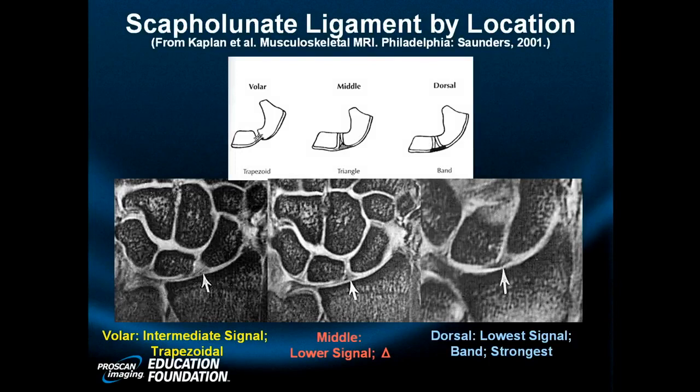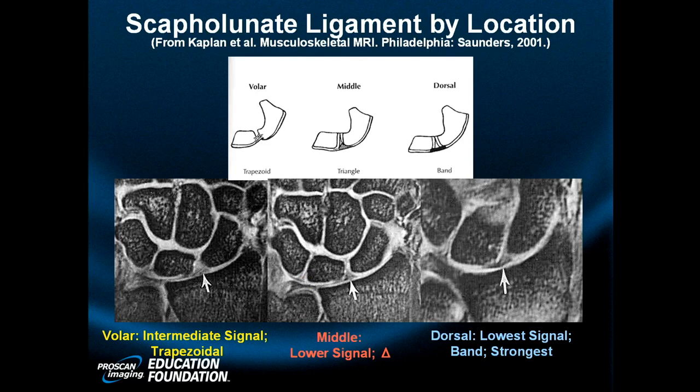I heavily rely on the indirect signs of instability to diagnose partial tears. Stretching, membranous perforations. So if I see a pristine, smooth joint and some signal in the SL ligament, I don't care. There's nothing wrong. The same thing is true in the LT area as well.